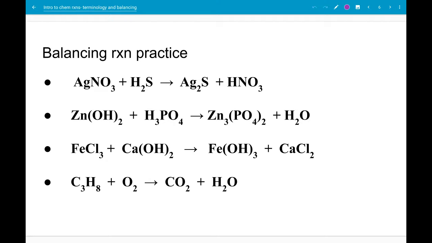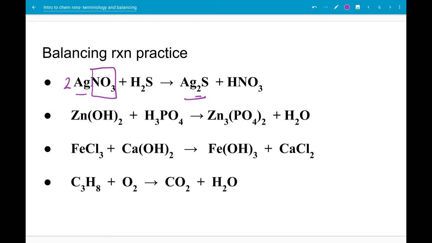So if I look at this first reaction, I'm going to first see if it's balanced. And what jumps out at me is there's a 2 here and there's only 1 silver. So I know that reaction is not balanced. So that means I'm going to balance by placing coefficients in front to make them have the same number. So if I look at Ag2S, I have 2 Ag, so I'm going to put a 2 in front of the AgNO3.